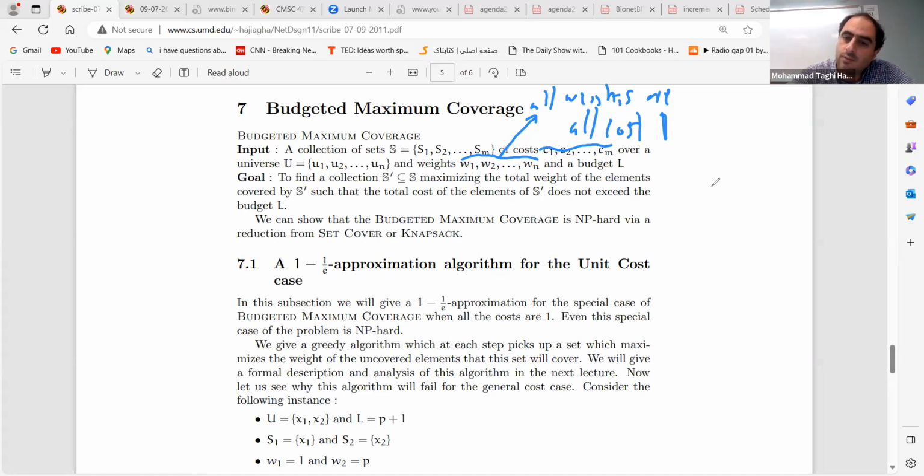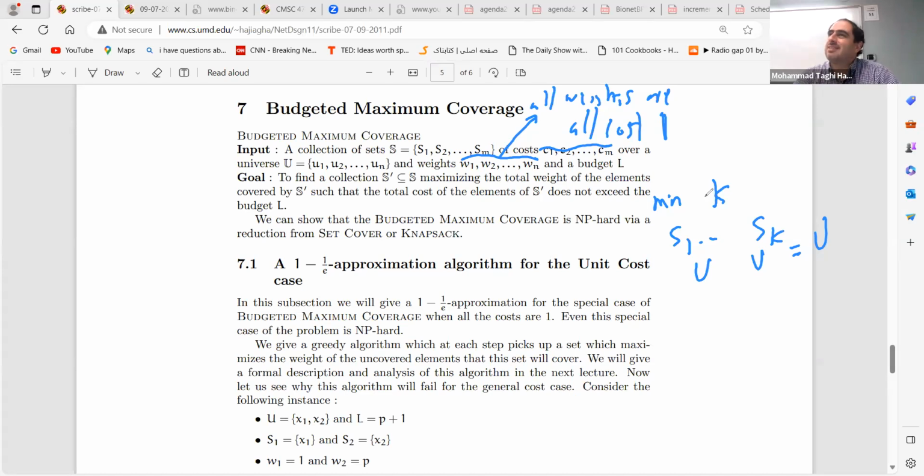So you want to find the minimum K such that the union of S1 to Sk is equal to the universe. So the idea of why this problem is NP-hard, and we knew that set cover is NP-hard, is that you can guess K.